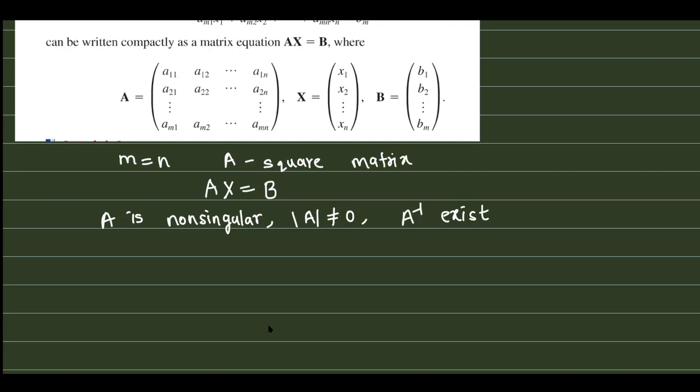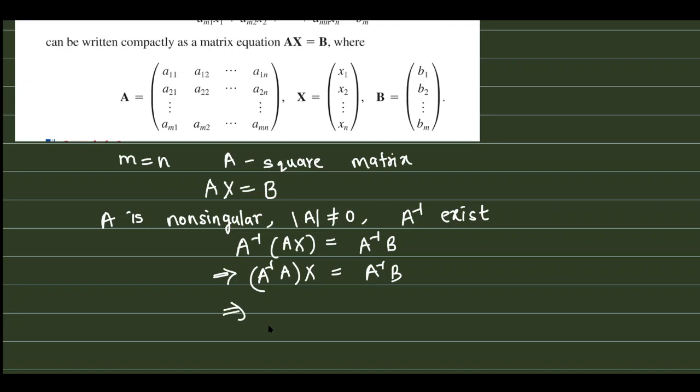So if A is non-singular, we can multiply this equation on both sides with A inverse. So we will get A inverse Ax equal to A inverse b. Now, matrix multiplication is associative, so it can be written as A inverse A into x equal to A inverse b.